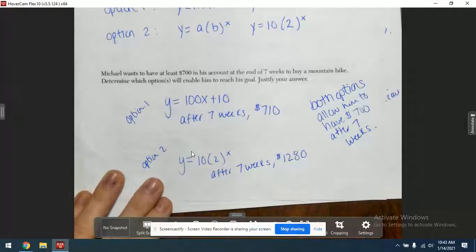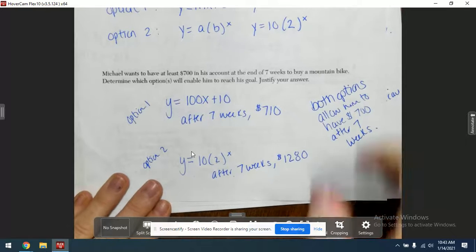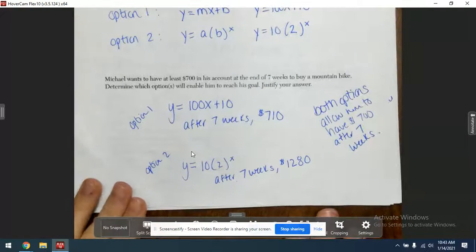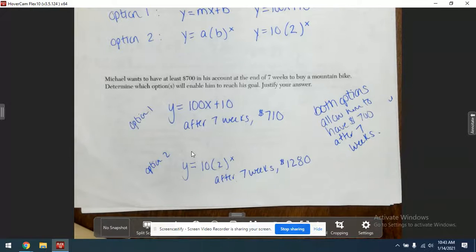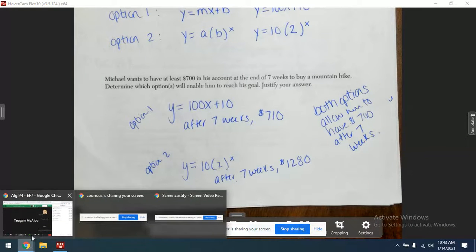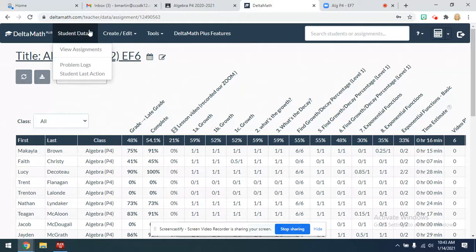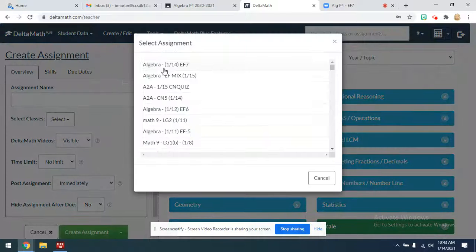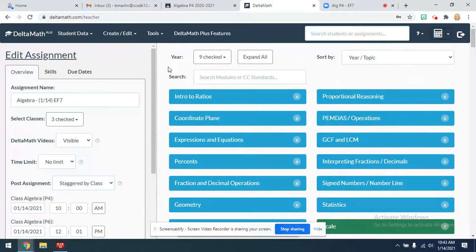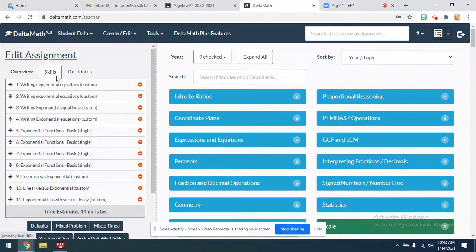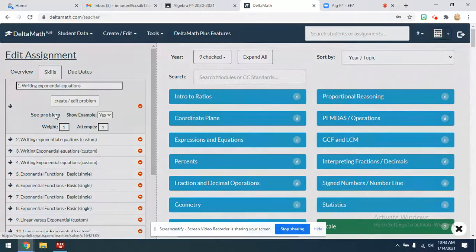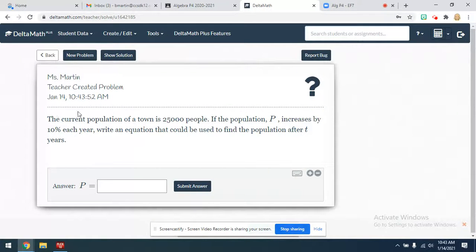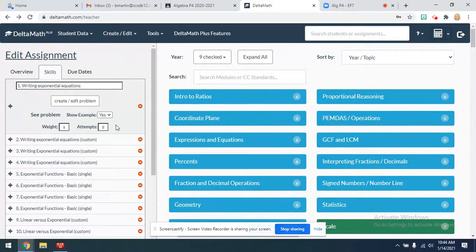Okay, and that's it. So here's what I want to do. I think there was a problem I wanted to do on the homework, so if you want to just write it down with me, that'd probably be easiest so you can follow along. So I'm going to take you into my Delta account real quick. Edit assignment. Okay, today is EF7. What I did was I designed it to follow our notes. You're going to write the equations, but notice I did put P equals, so it's your job to put the percent into a decimal, either add or subtract from 1, etc. Okay, this is great practice.